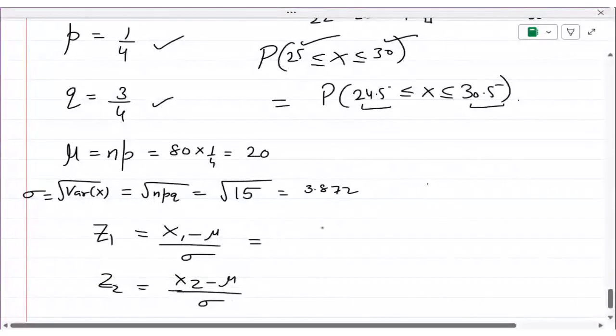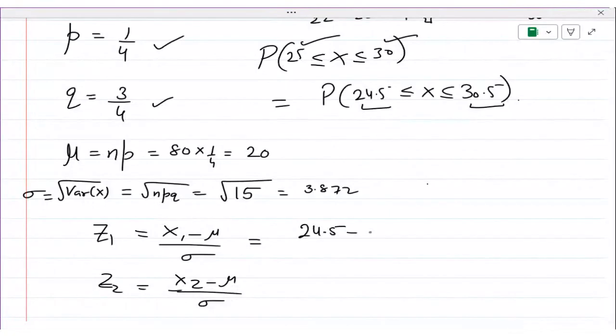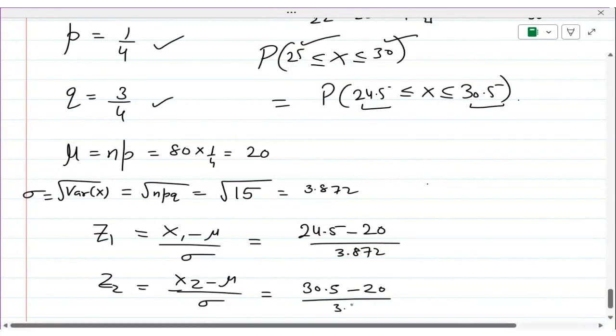So X1 is 24.5 minus mean, which is 20. Sigma is 3.872. I have taken 3 digits for better accuracy, otherwise there is no problem with 2 digits also.